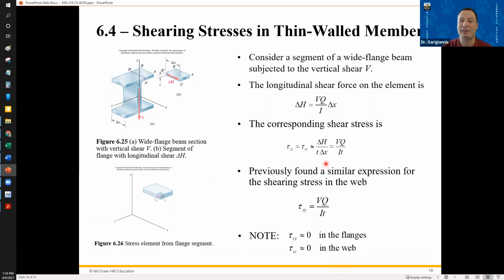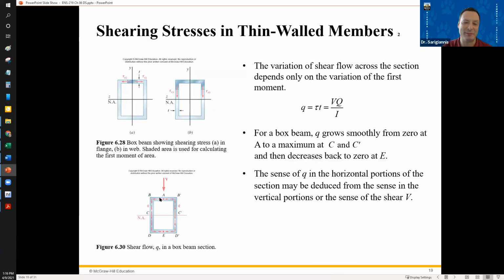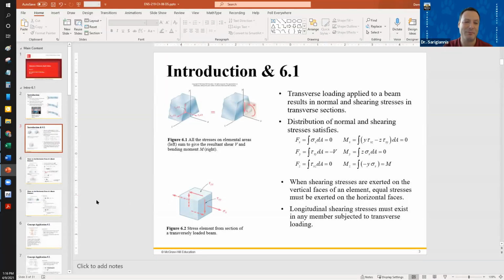But that's not the case up here in the segment. This segment up here, the tau xz is not approximately equal to 0. So you do have some corresponding shear due to the longitudinal stress. This is a stress element, but you can't really see it. Let me see if I can blow that up.